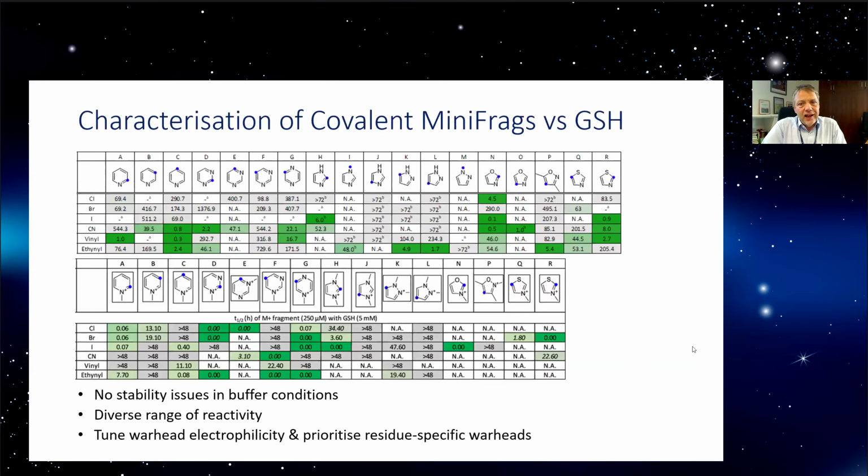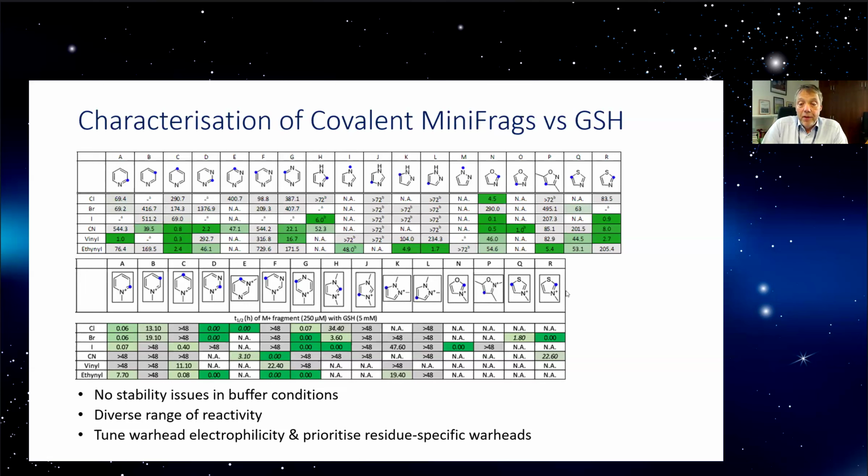So let me show you first the characterization of our covalent MiniFrags library against GSH as a thiol surrogate. In these tables, on the top row, you can see all of the heterocyclic cores we considered. And these blue spots indicate the exact position of the substituents. And the different substituents you can see in the subsequent rows here: the chlorine, bromine, iodine, cyanide, vinyl, and ethynyl group.